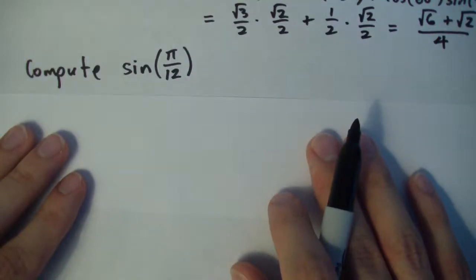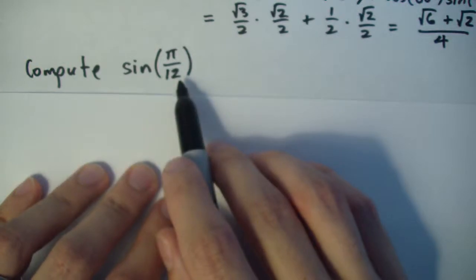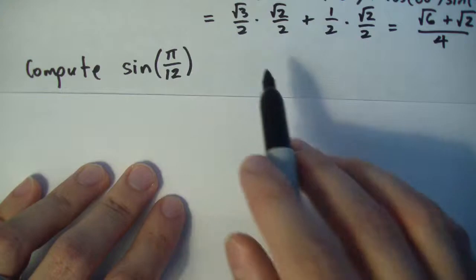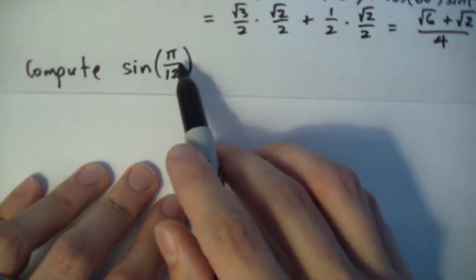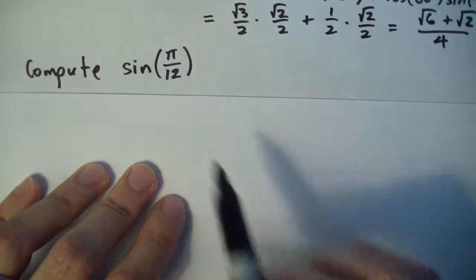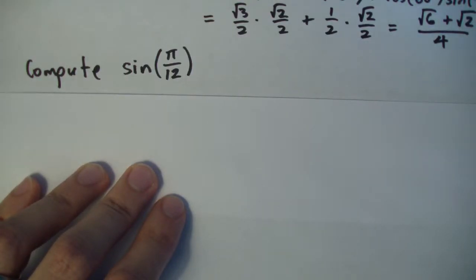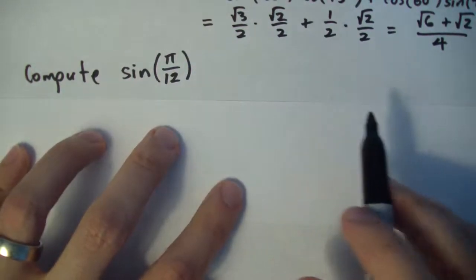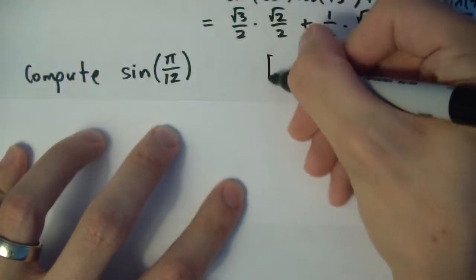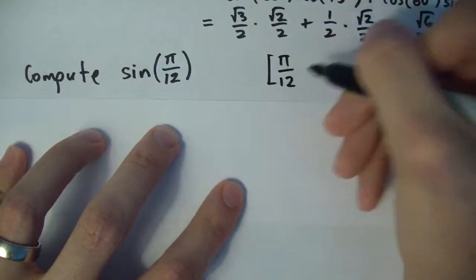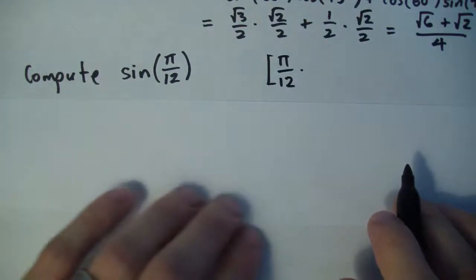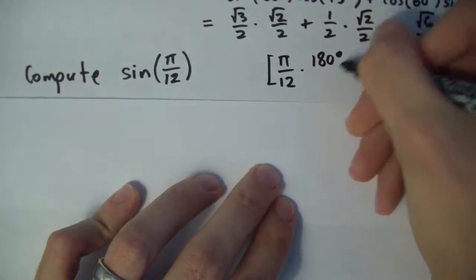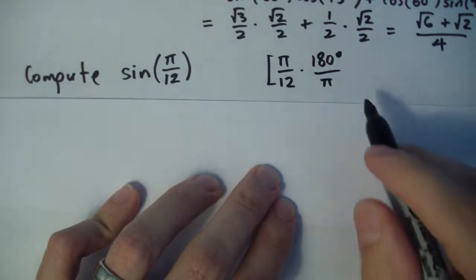Now, let's do an example where we compute sine of pi over 12, an angle in radians, and this time we're going to have to give a little thought to figure out how we can express an angle in radians in terms of angles in radians that we know. So one way we could do this is just to say, well, what is pi over 12? We can express it in degrees by using our conversion factor, 180 degrees over pi radians.